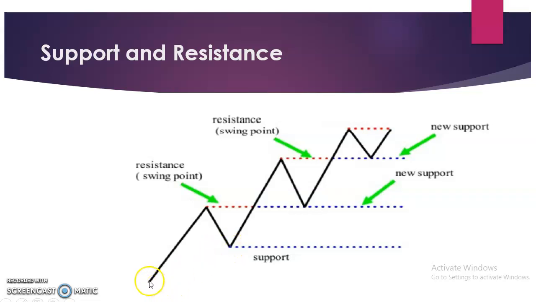Why? Because this is the price where the market began to shoot up, began to rally to the upside. It got to this particular point, got some resistance from that place, and began to move down. So this peak here is our resistance.